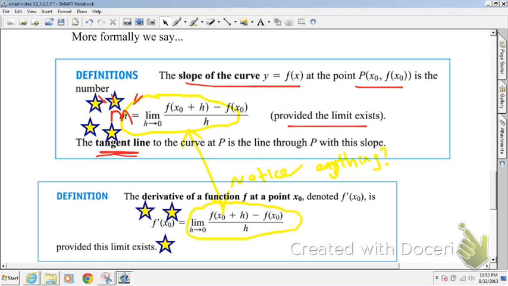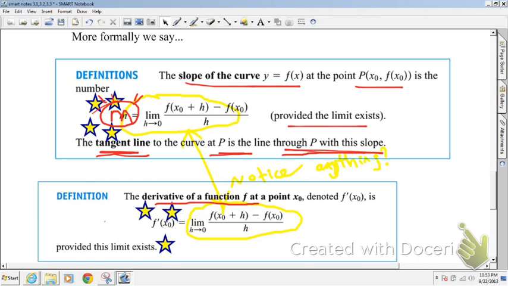The tangent line to the curve at the point P is the line through that point P with that slope. So in our near future, we're going to have to find the equation of the tangent line using this sort of definition of the derivative here, knowing now that if we use the definition of the derivative, we are indeed finding the slope of the tangent line at a point. Okay? Definition of the derivative.